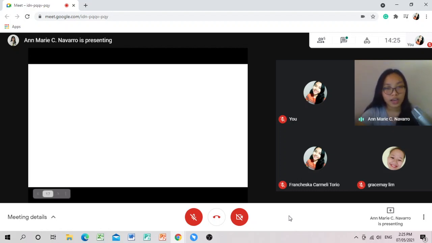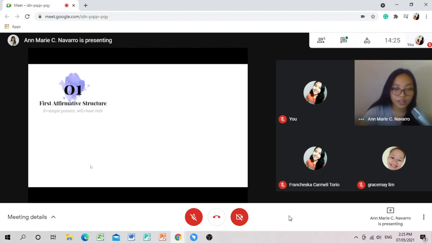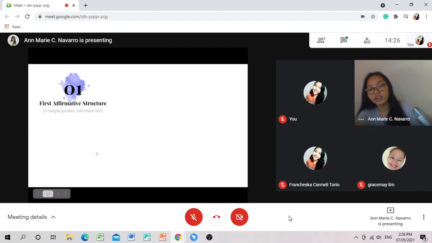So before we continue to our exercises, let's enumerate the four structures of first conditional sentences. The first one is the first affirmative structure.